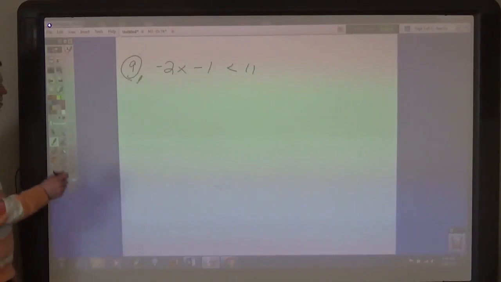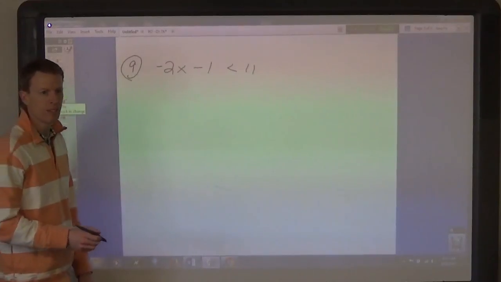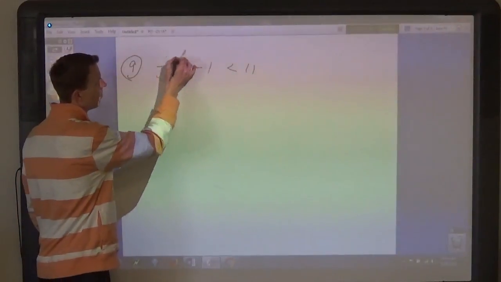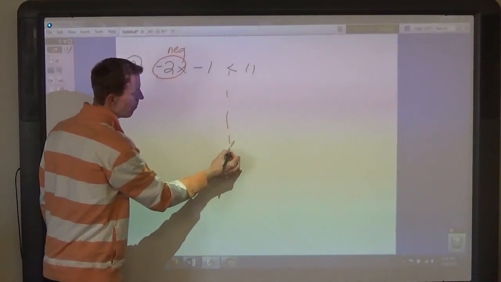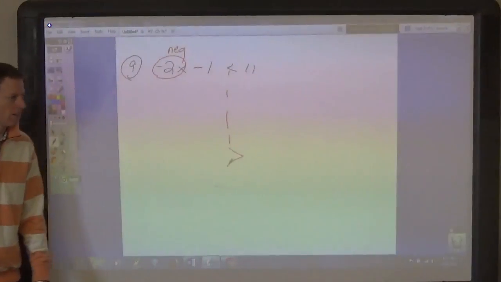Would we have to reverse the sign in this one? Yep. This is negative. So at the end, once you solve it, you have to reverse the sign. Okay?